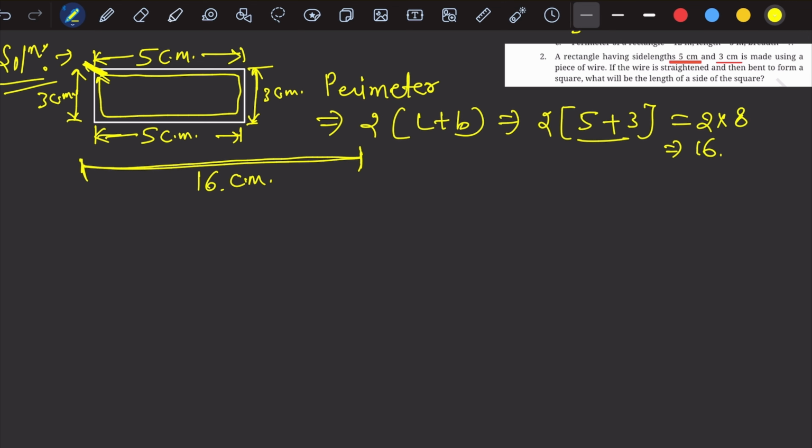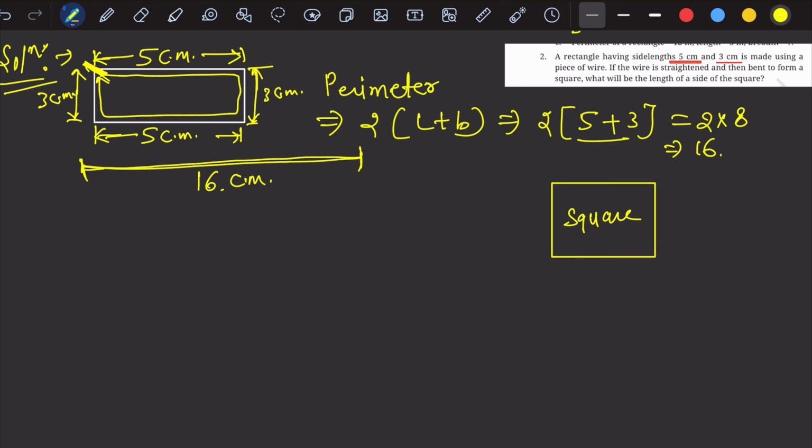Okay, now we will use the same wire to make a square. Let me just draw a square. Let's suppose we use the same wire and made this square. This is a square which has a perimeter.